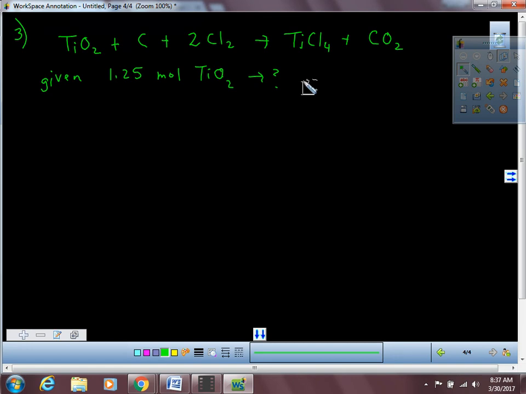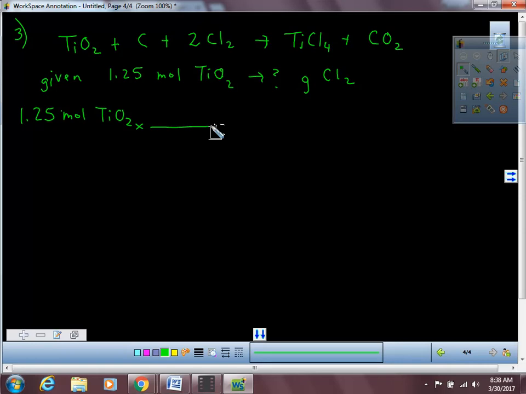So mass of Cl2. Okay, so it's grams of chlorine because your masses are in grams. Start with what you know. 1.25 moles TiO2.